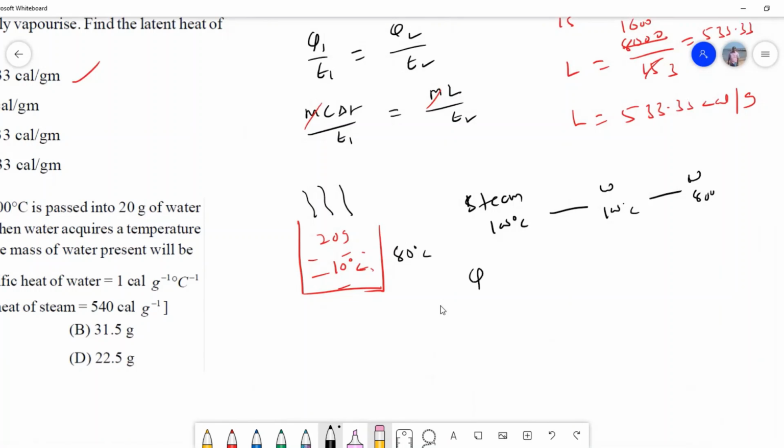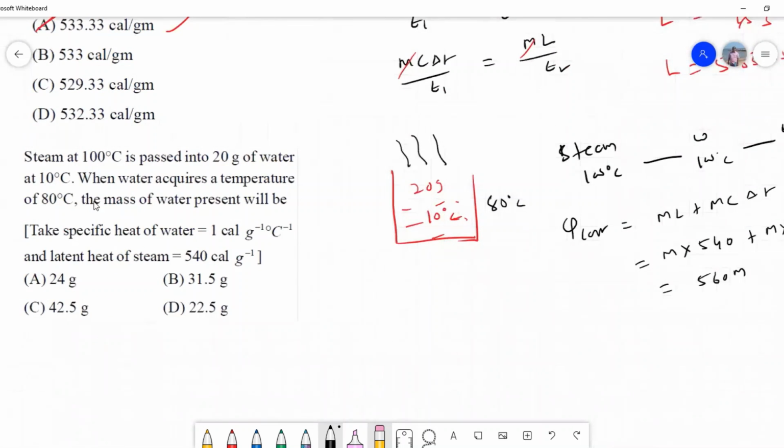So Q lost is equal to ml plus mc delta T. We don't know the mass of steam. Latent heat is 540. M into specific heat, which is 1. Change of temperature is 20. So this will be 560 m. Now this is taken by 20 grams of water.